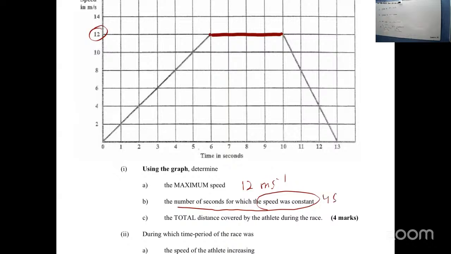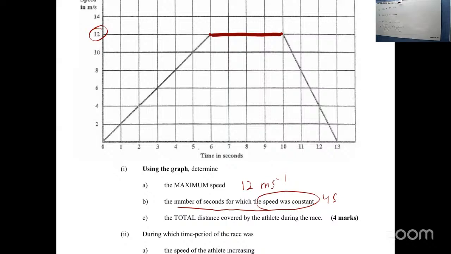How are we getting the total distance traveled? Let us click on this one. Total distance traveled is what? What type of graph is that? How do you find distance traveled on a speed time graph?